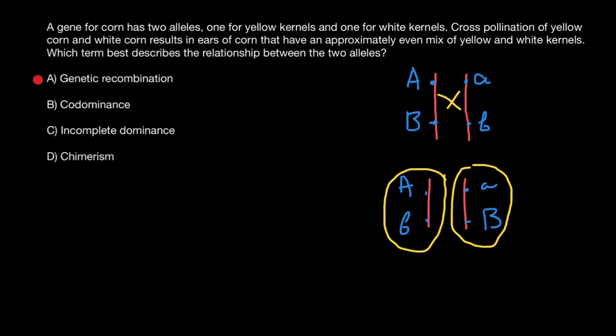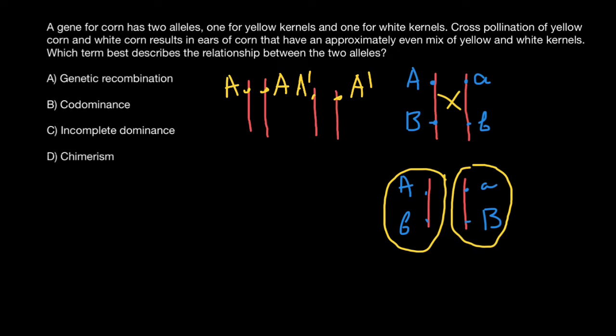So does it mean that this answer meets the requirements of our question? Actually no, because take a look at what we actually have. We have one parental genotype, which would be, for example, capital A and capital A, and another parental genotype, which is going to be, let's say, A prime and A prime.